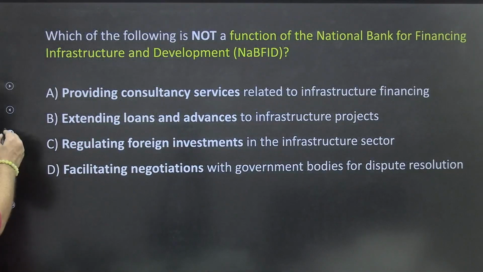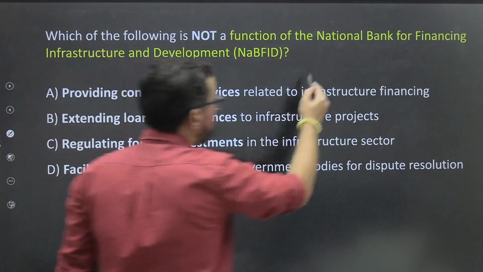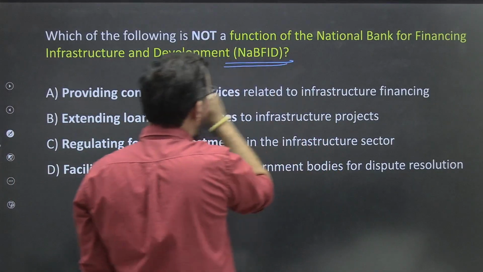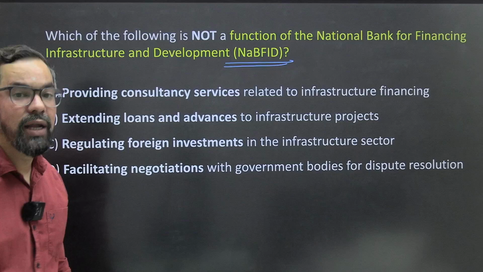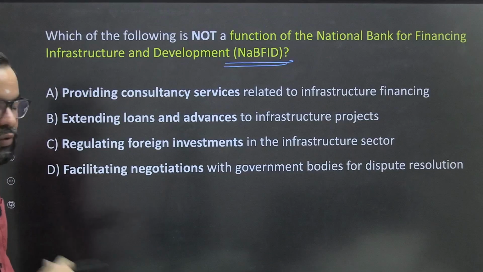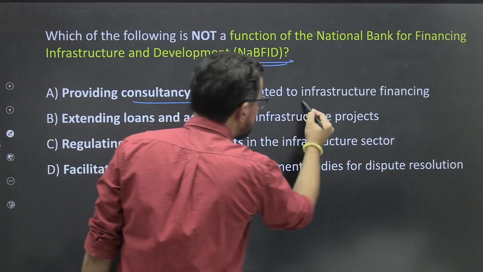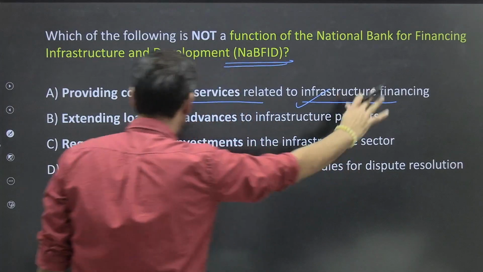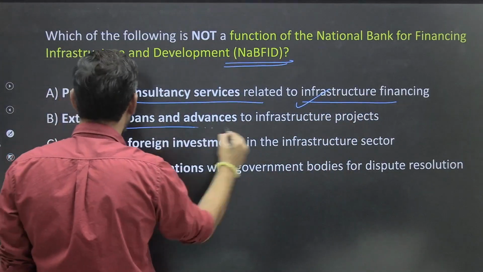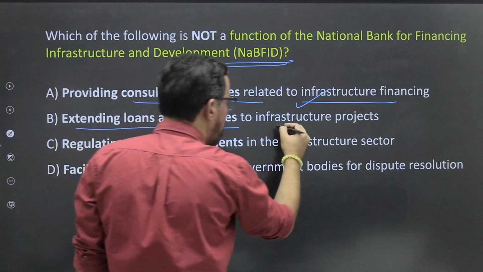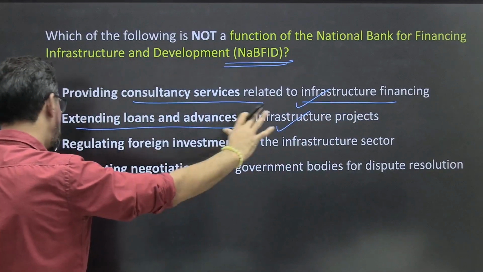Next one. Which of the following is not a function of NABFID? So National Bank for Financing Infrastructure and Development, 2021, sorry. Providing consultancy services related to infrastructure financing, true. Extending loans and advances to long-term infrastructure projects, true.